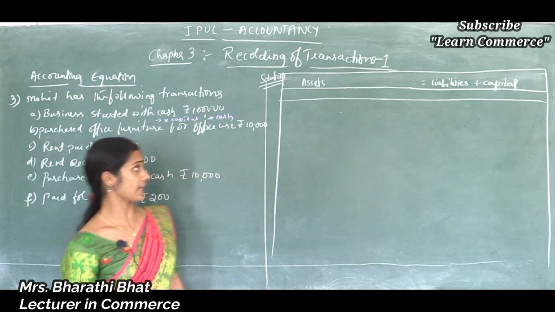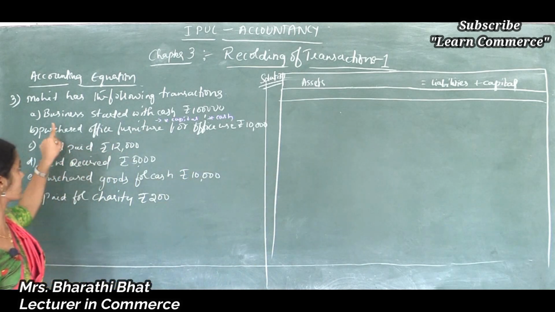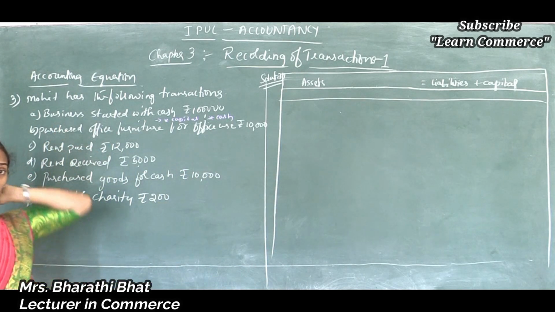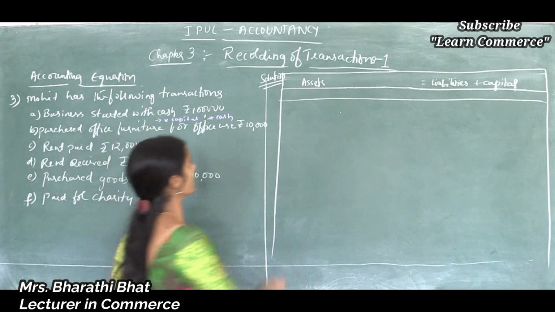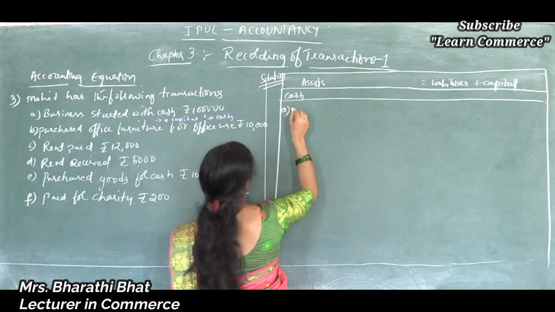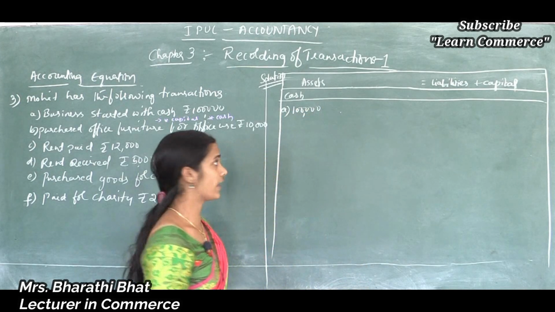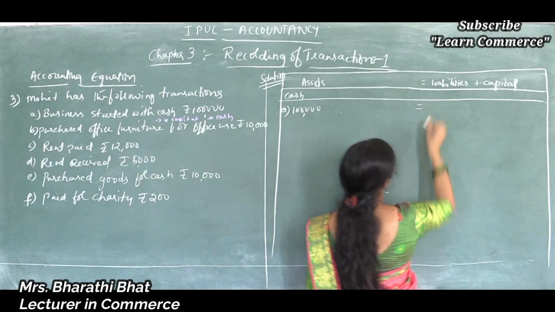So let's start with the first transaction. Business started with cash. So here cash, first transaction, cash how much? 1 lakh. Cash 1 lakh equal to.